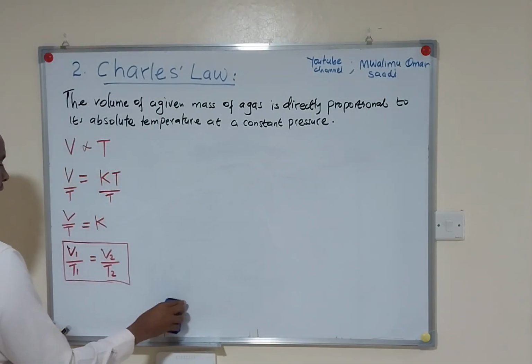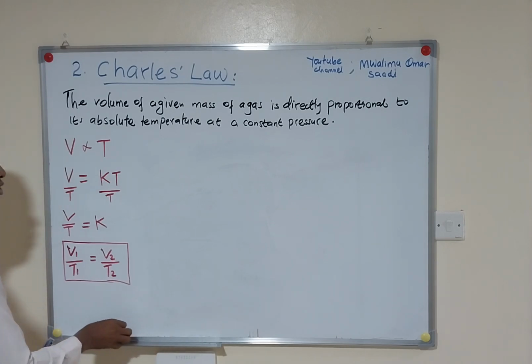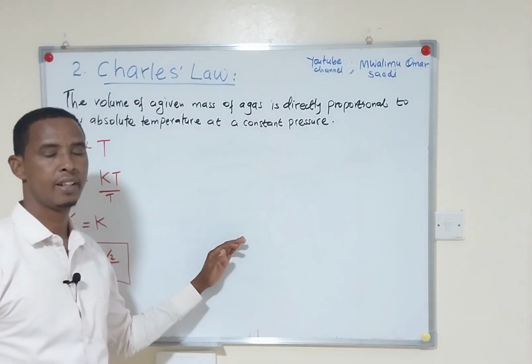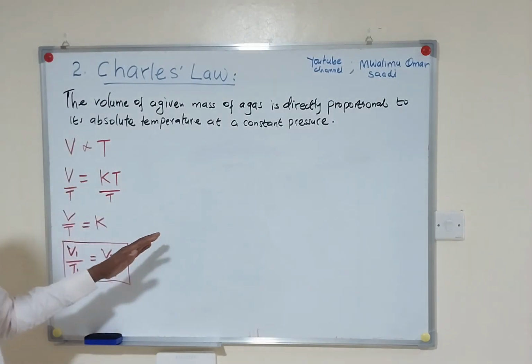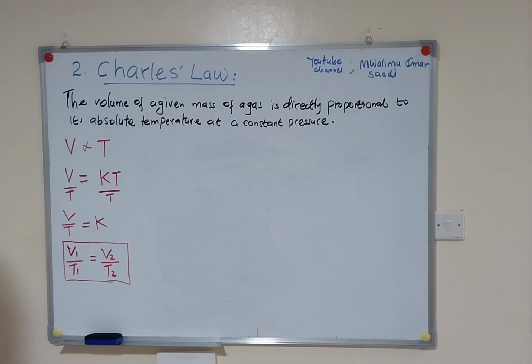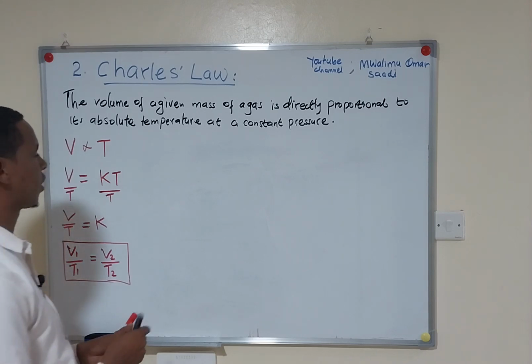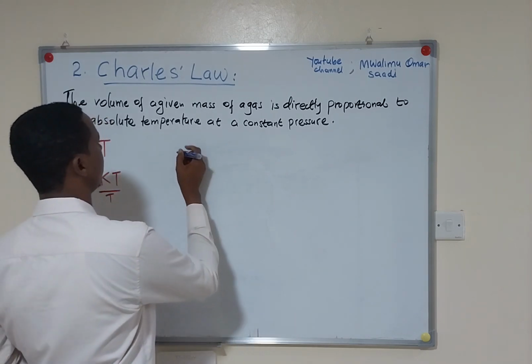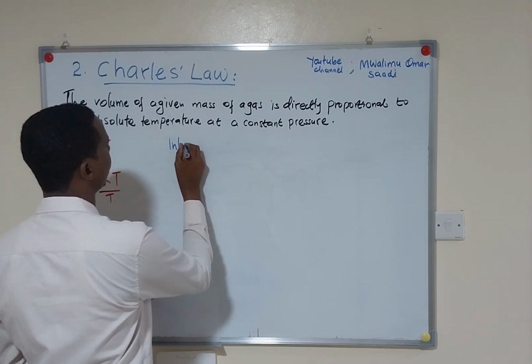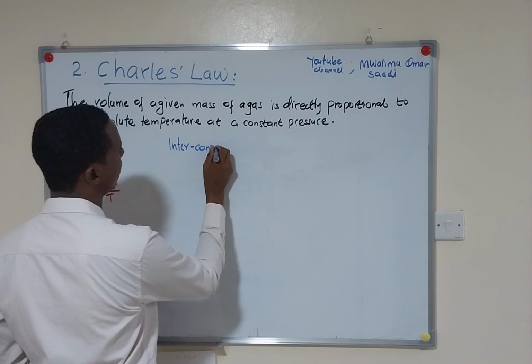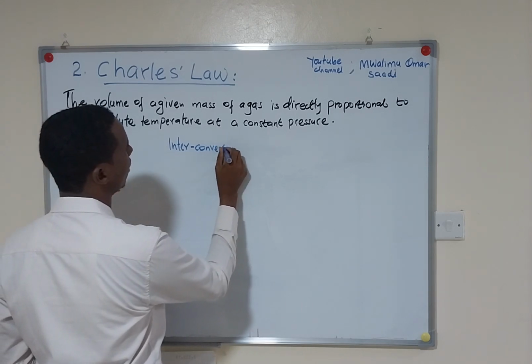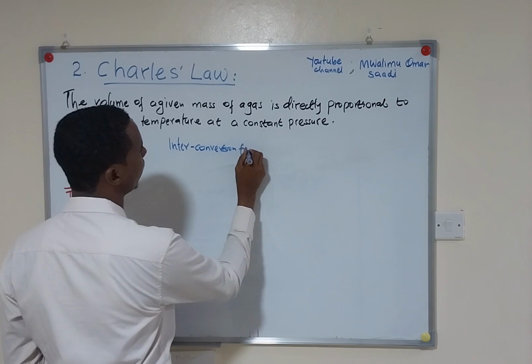So before we see the questions involving Charles' law, let us see the interconversion between temperature in Kelvin and temperature in degrees Celsius, because our T here will be in Kelvin, K. So interconversion from one scale to another.